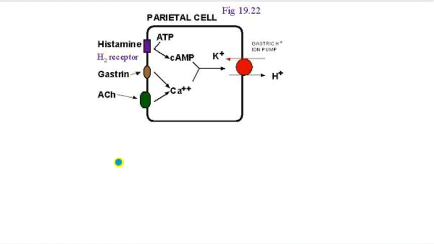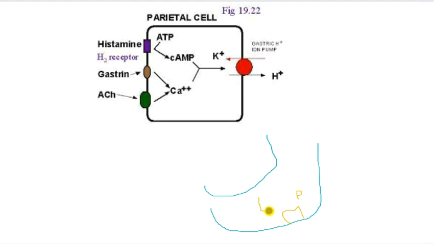So how does it become the answer? First we need to understand our stomach. Just consider this is our stomach, and our stomach has a parietal cell.